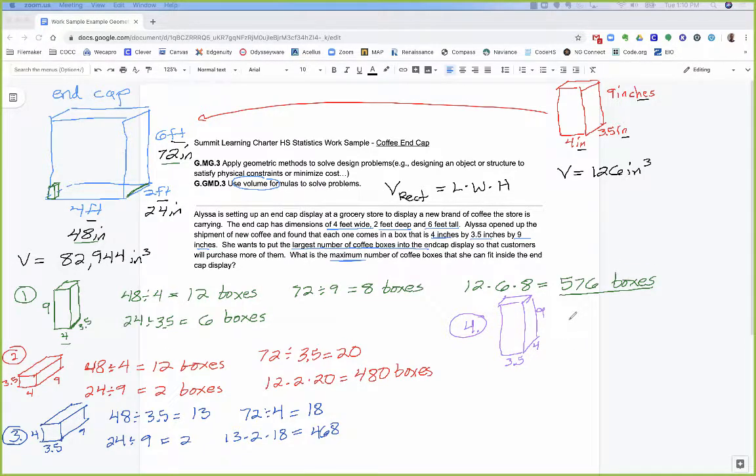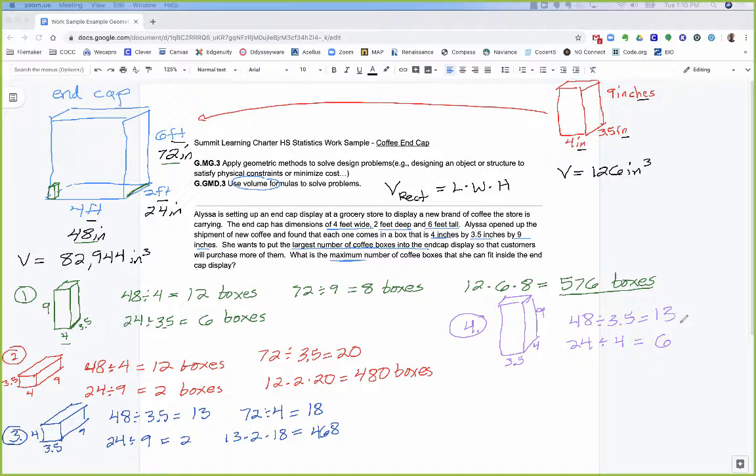Going through my scenarios, I got 48 inches total in my end cap. I'm going to divide it by 3.5. And similar to that, I already know it'll fit 13 wide. I've got 24 inches in depth. At this time, rearranging it, there's 4 inches for each box. So if I divide it by 4, we can stack exactly 6 that way.